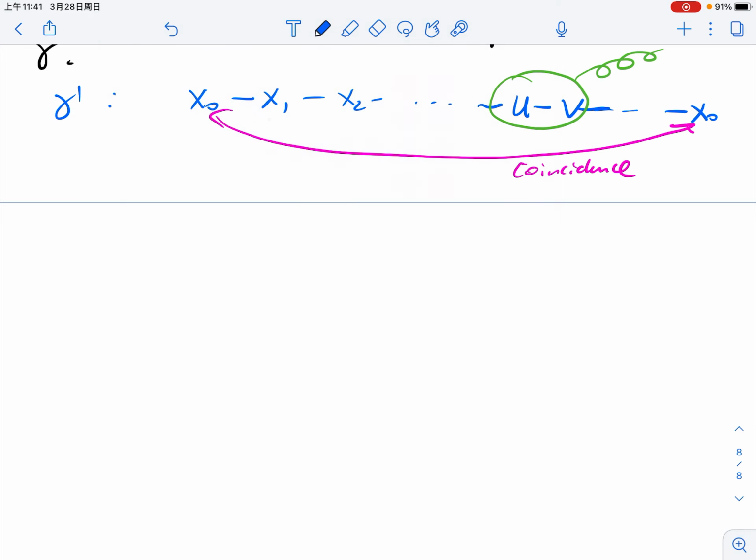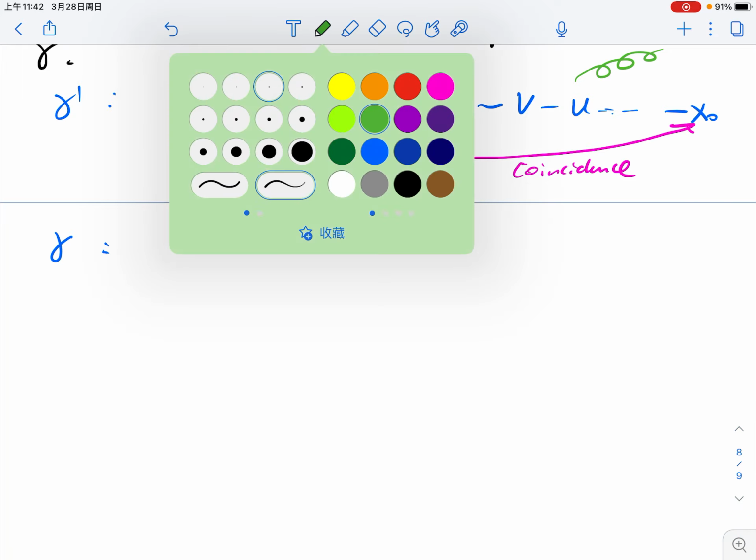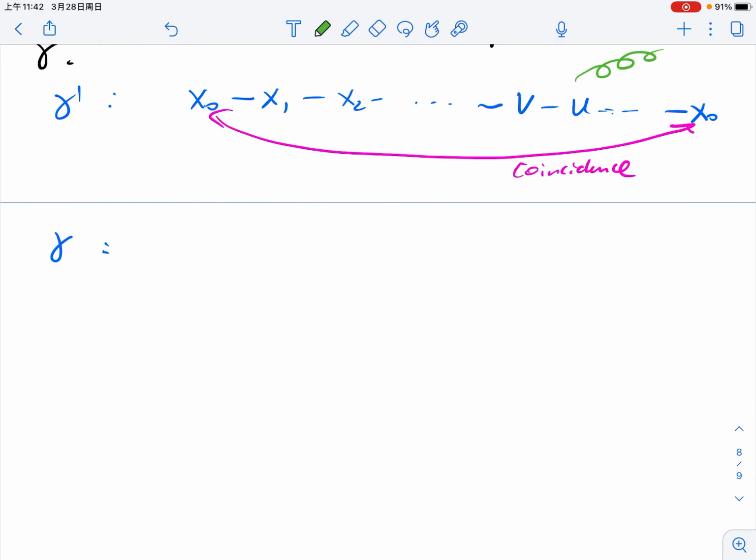So how to visualize this? For gamma prime, we rotate the position a little bit so that it starts with VU. It's the same thing, but I would like to make life easy.